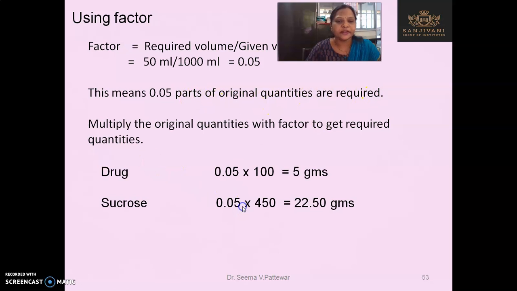So multiply that with the original quantity. For the drug, this is the factor, multiplied by the quantity of the drug. Again for sucrose, this is the factor multiplied by the individual quantity of sucrose, and for purified water, 0.05 multiplied by 1000 is equal to 50 ml. You can go with any one method that you like.